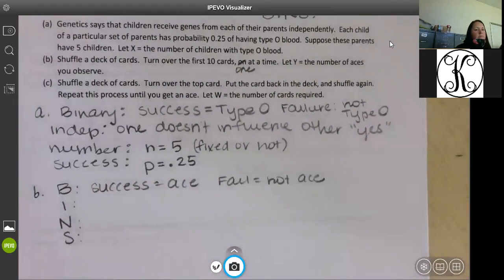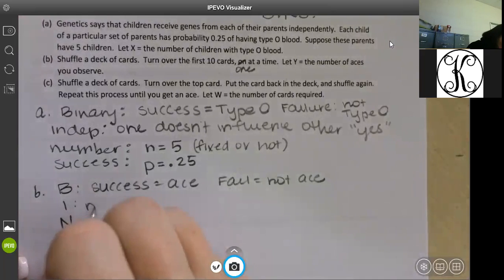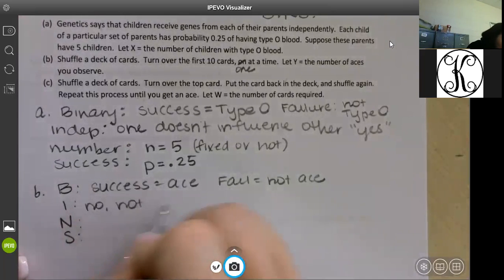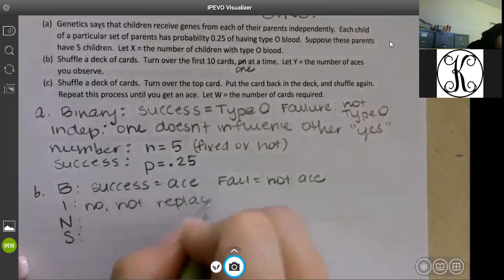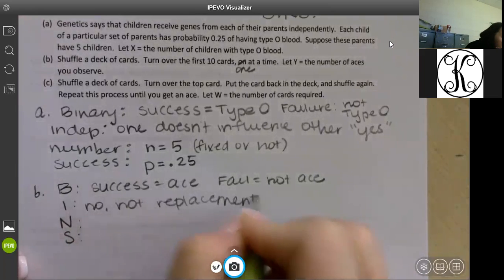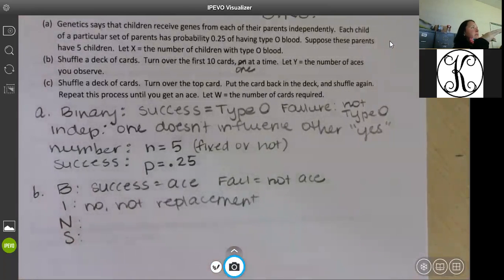So far, so good. Is it independent? Why? Okay, so here's where some people get confused. Not replacing also affects your probability, right? So if we pull an ace, what do we suspect is going to happen to the next card?